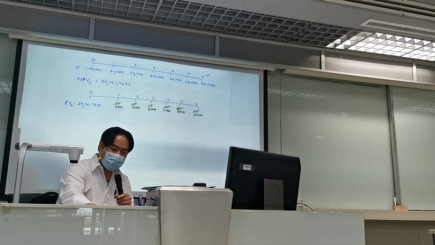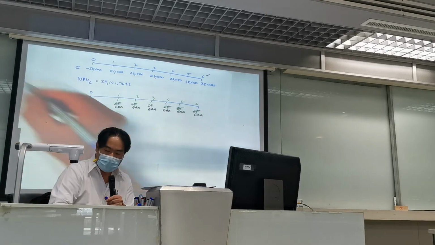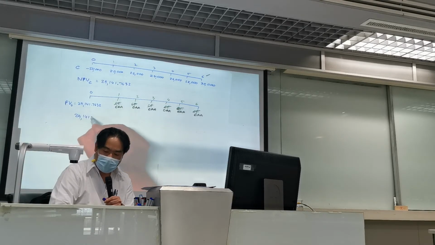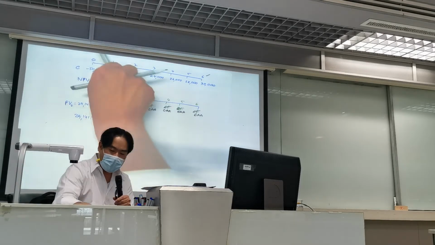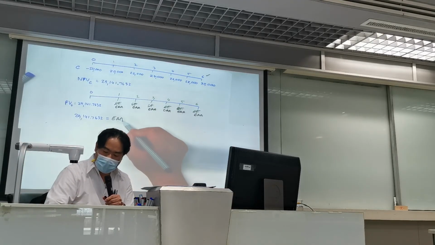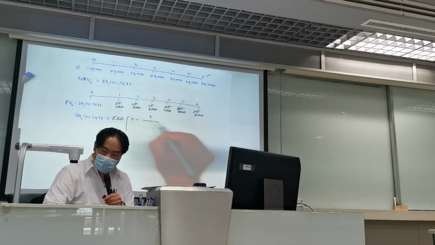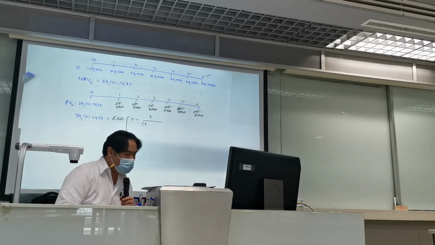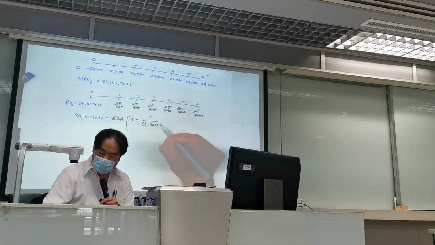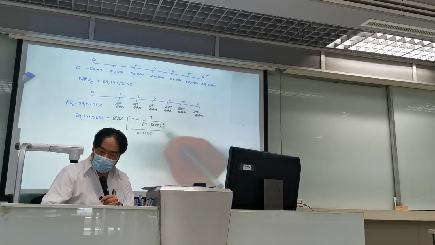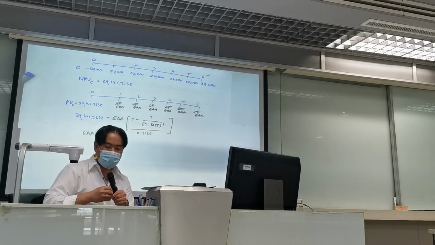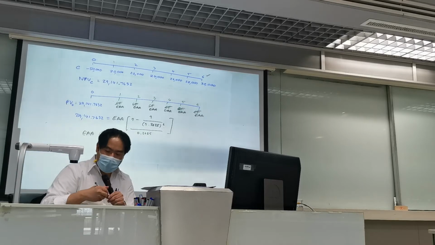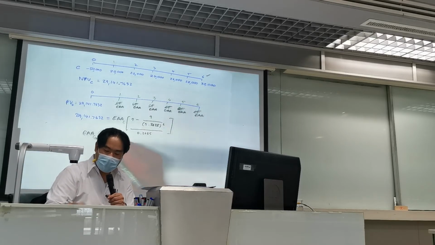So what we have, 29,141.7632 equal to what? Equal to EAA, right? So you get EAA for conveyor. And keep it first, okay? Repeat the process with forklift.